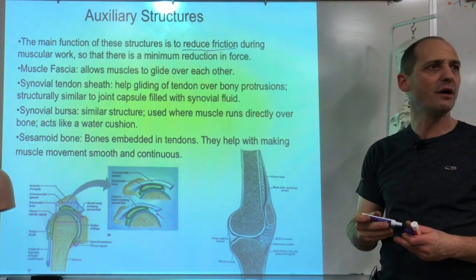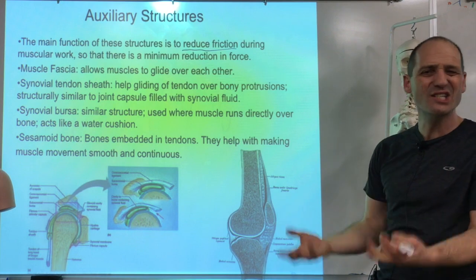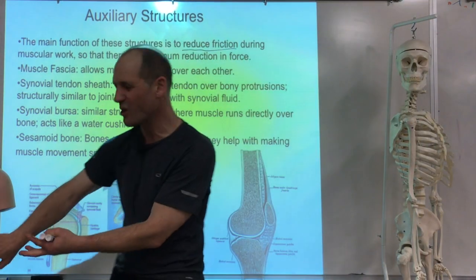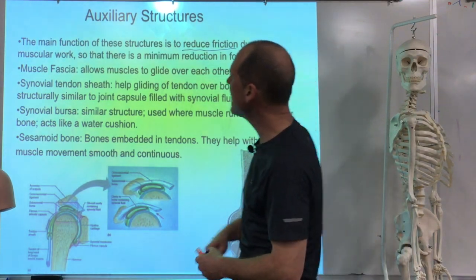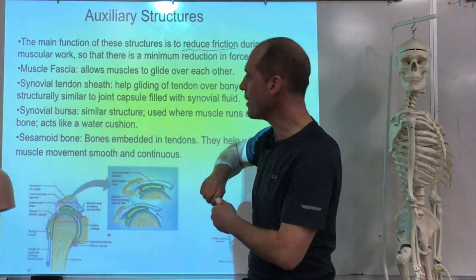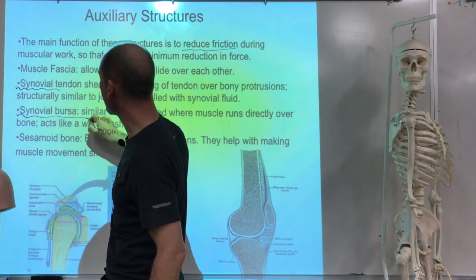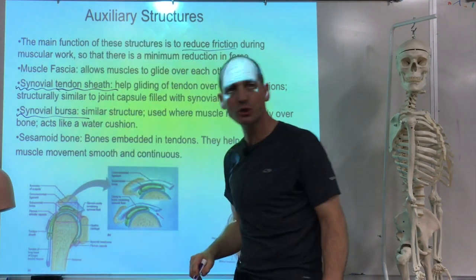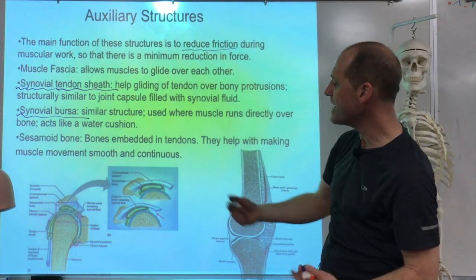So fascia is, it's the white stuff. It's all the white stuff we can sort of call fascia, not the red stuff. Synovial tendon sheaths, that's a cool thing. We have this thing, a synovial tendon sheath, or also synovial bursa, and those are little cushions. They're actually wrappings around the tendon, for example.